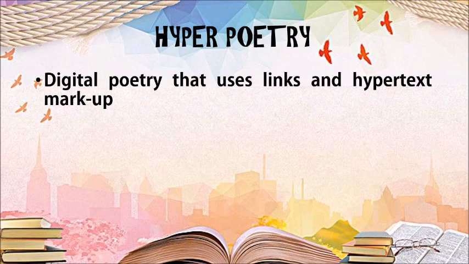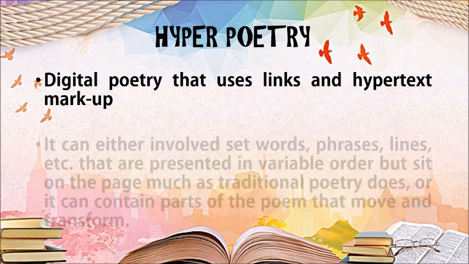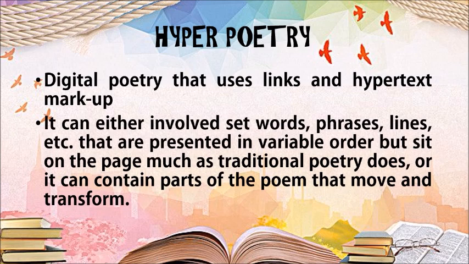Next is the hyperpoetry, or known as the digital poetry, that uses links and hypertext markup. It can either involve a set of words, phrases, lines, etc. that are presented in variable order but sit on one page, much as traditional poetry does, or it contains parts of the poem that move and transform.